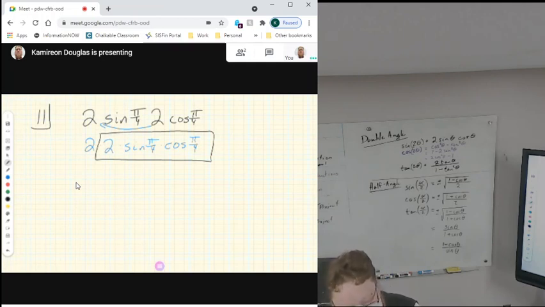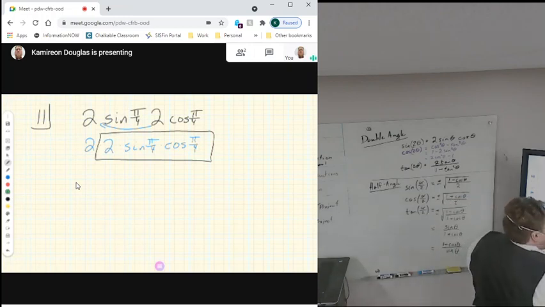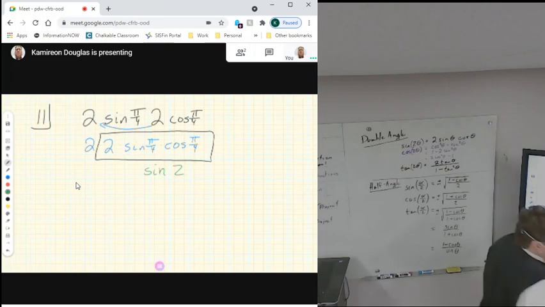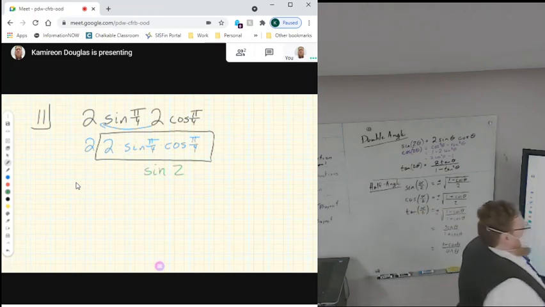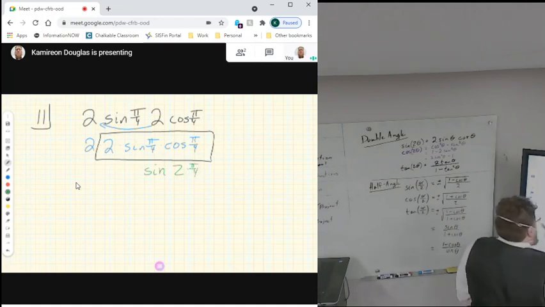My goal for these problems is to make it match one of the formulas. I just did. So now, this becomes sine of 2 theta. But in this case, my theta, as Garrett said, is pi over 4. This becomes: the 2 out front stays out front as a 2.